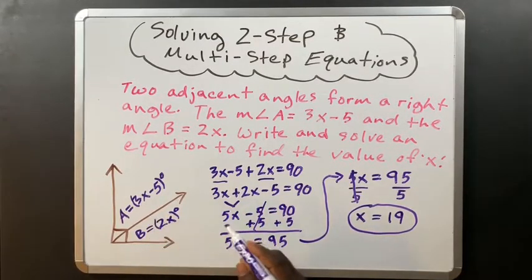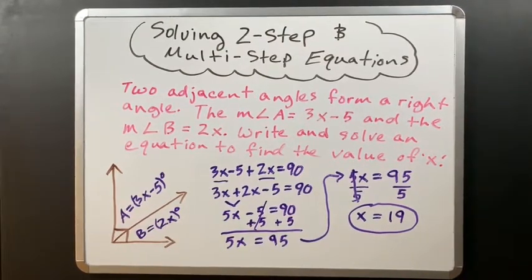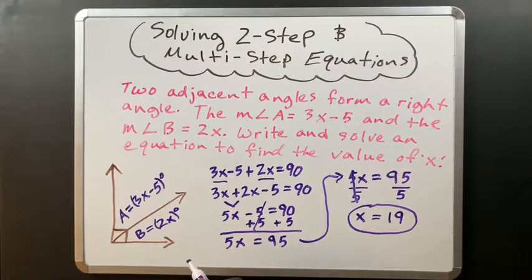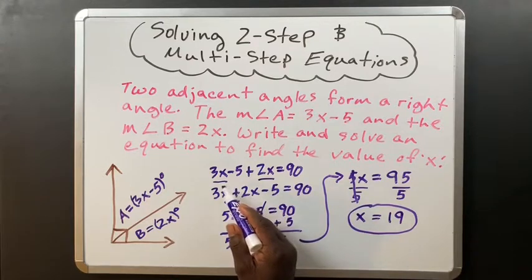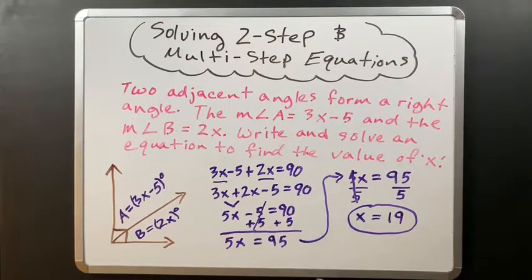That means that these are also called complementary angles, a geometry term, because complementary angles are 2 angles that add up to equal 90 degrees. So we wrote an equation. 3 times x minus 5 plus 2 times x equals 90. We solved the equation, and then we have x equals 19.